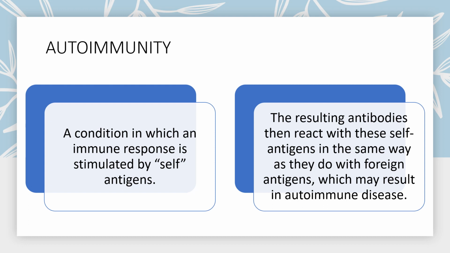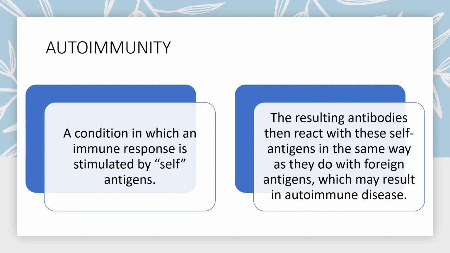Autoimmunity is a condition in which an immune response is stimulated by self-antigen, and the resulting antibodies then react with these self-antigens in the same way as they do with foreign antigens, which may result in autoimmune disease.